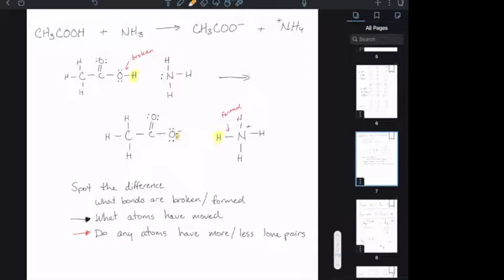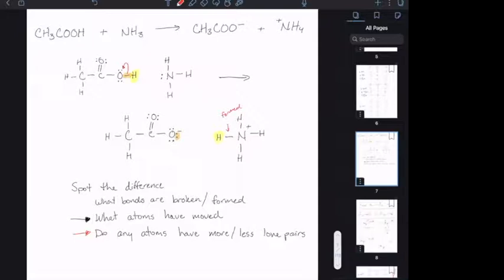Okay, so what those curved arrows really help us represent is where the heck did that pair of electrons come from? Well, it used to be this bonding pair of electrons here. When this bond was broken, this oxygen takes this pair of electrons that used to be a shared pair, and now it's a lone pair. So we see the bond gets converted to a lone pair of electrons.